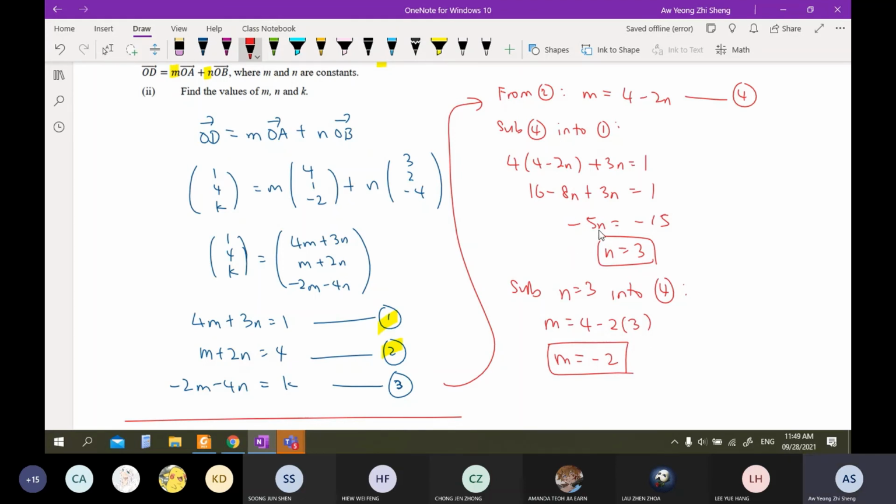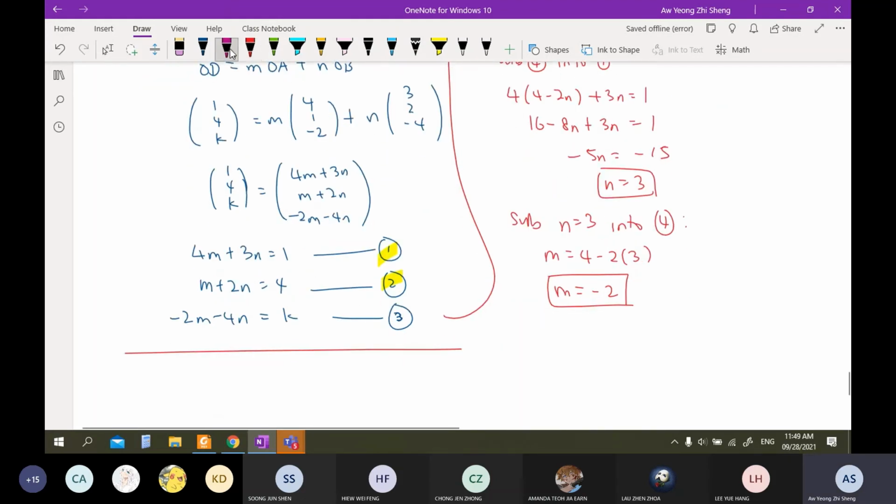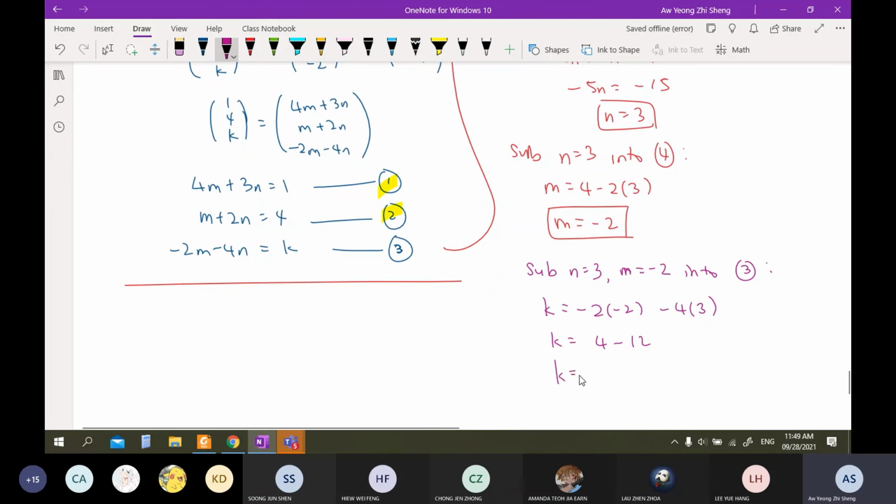Then at the end, sub the values of m and n into equation 3 to obtain k. So k will be minus 2m minus 4n. k will be 4 minus 12. k is negative 8. Okay, done.